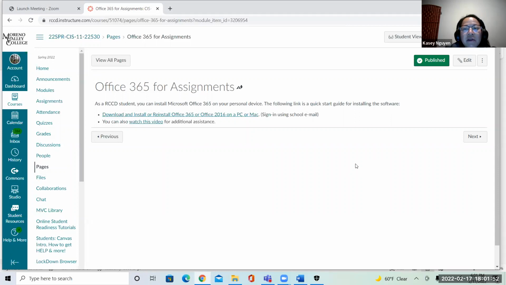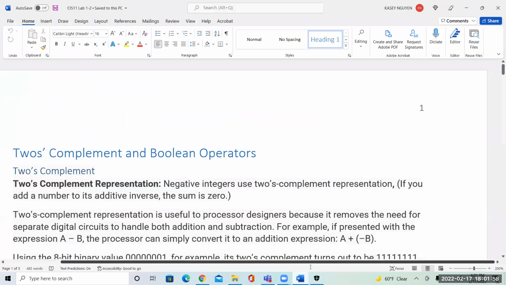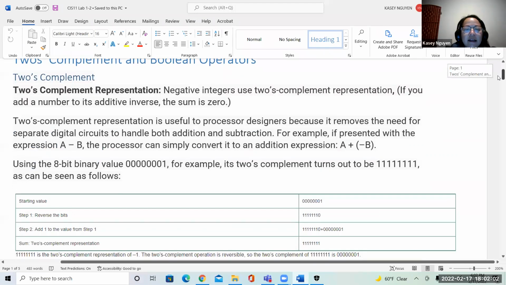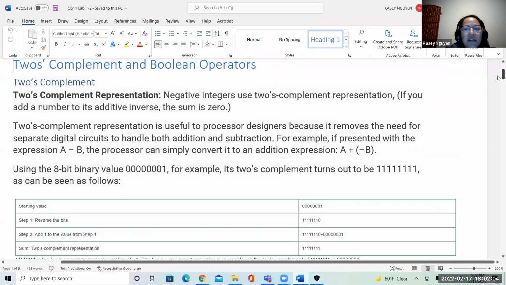But Microsoft Word is the application that I'm using for this. So I can just leave it in Word and write on it. Yes, you can just type directly to it. Are you using iPad? No, I am using a Windows PC.